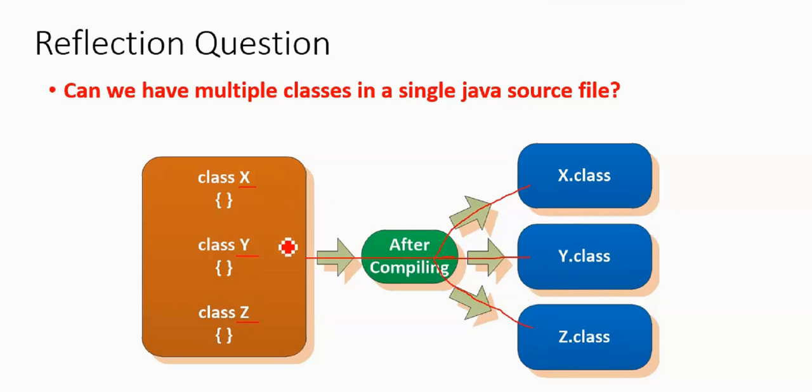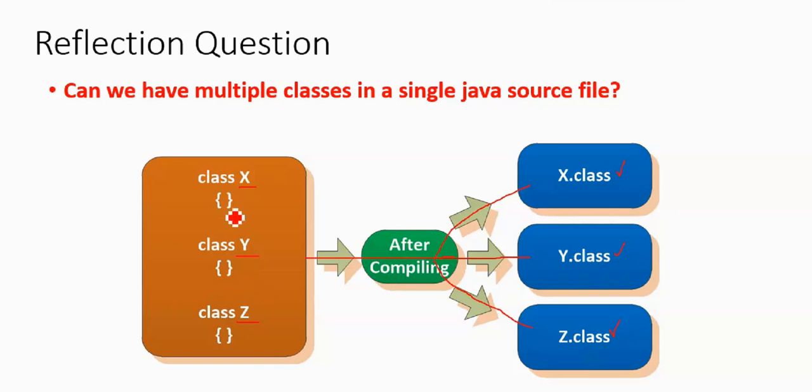Even though your source file is only one file, inside the file we have 3 classes. After the compilation, it will create multiple class files, so you will get the output as 3 files. For that reason we say that while executing the particular program, we should specify the class name.